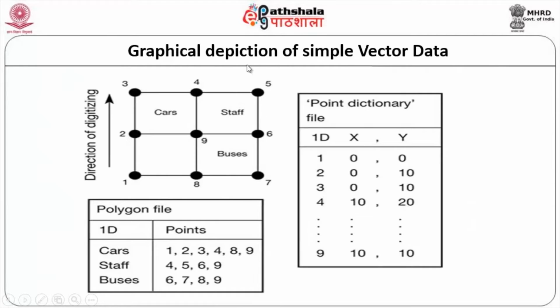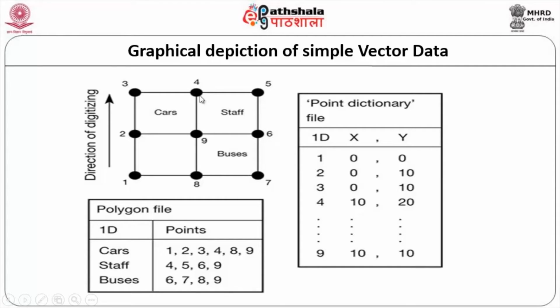Let us see the graphical depiction of simple vector data. How does it represent, how do you get the data in that form? For example, let me show a parking lot. A parking lot is, in this context, a rectangle. When I want to show this, I just draw from here to here, come back here and close it here.